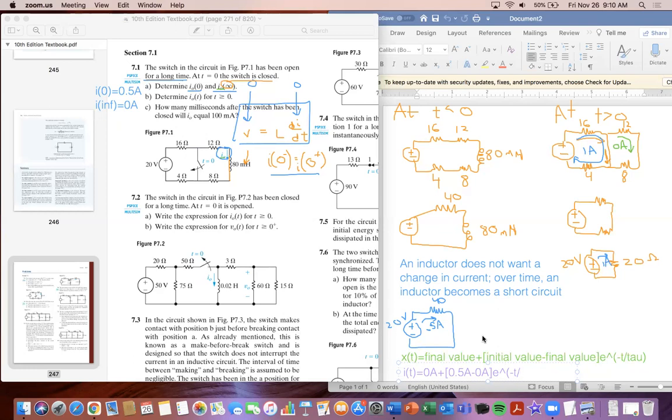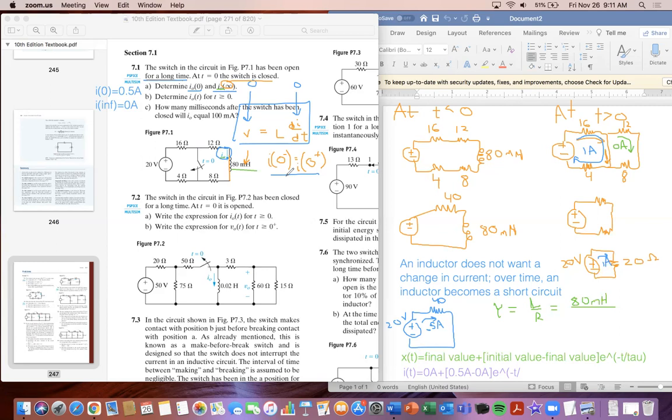If you guys remember, tau for an inductor in the circuit is L over R. Let me draw that out here. We know in a circuit that tau is equal to L over R. Looking at our circuit, the inductor value is 80 millihenries, they gave us that right here, divided by the resistance that the inductor sees within the circuit.